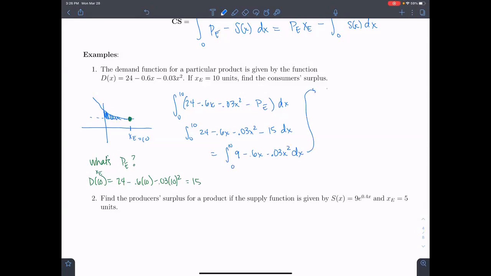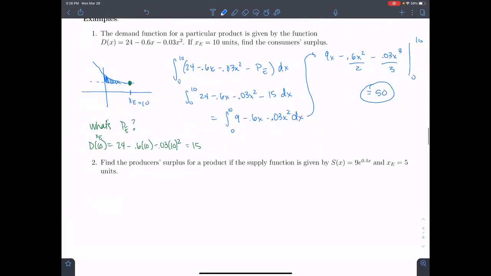Then doing the integral, I have 9x minus 0.6x squared over 2 minus 0.03x cubed over 3, evaluated from 0 to 10. When you do that, you get 50. So that is the consumer surplus.